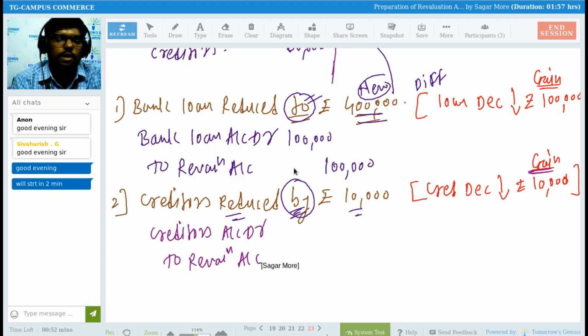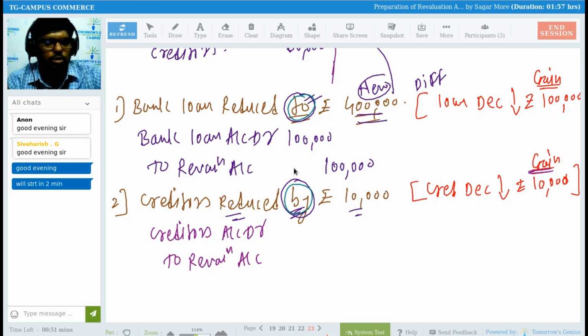to revaluation account, right? So they will ask you a question like this: "to" and "by". Don't get confused. "To" means new value, so you have to find out the difference. And whenever "by" is given, they are directly saying that this much amount got reduced, or you have to reduce or increase the amount by this much. So whenever "by" is given, the answer is given straight away, but whenever "to" is given, you have to find the difference.